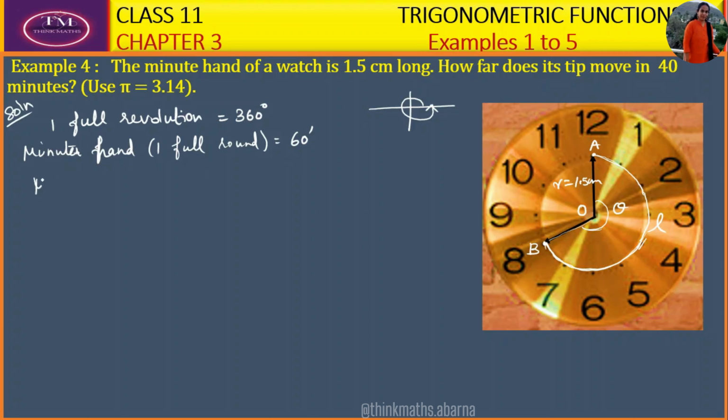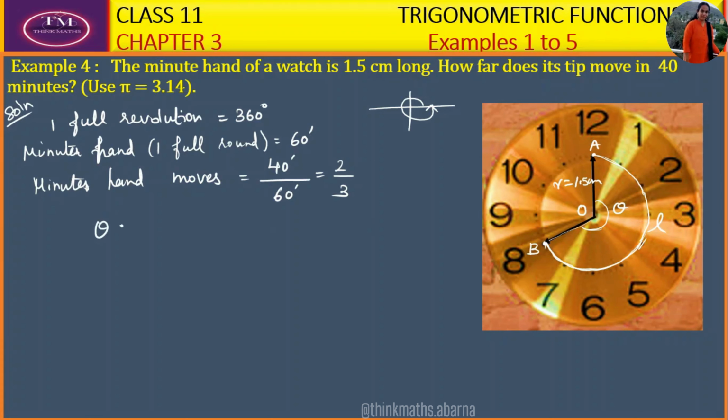So the minute hand moves 40 out of 60 minutes. So it is 2 by 3. Zeros get cancelled. 2 2s are 4, 3 2s are 6. So 2/3. Out of 360 degree, the revolution is 2/3 of 360 degree.